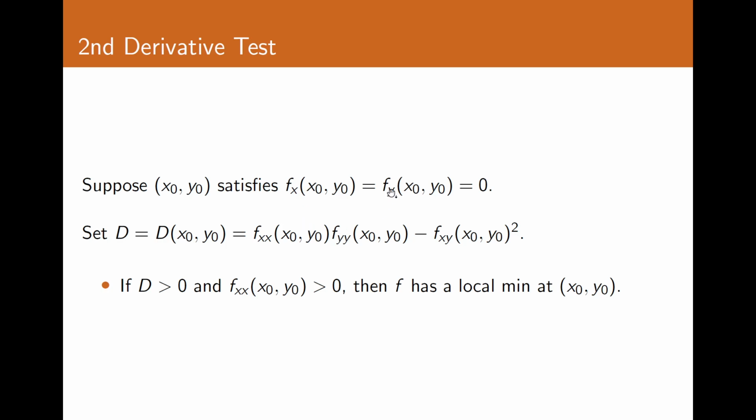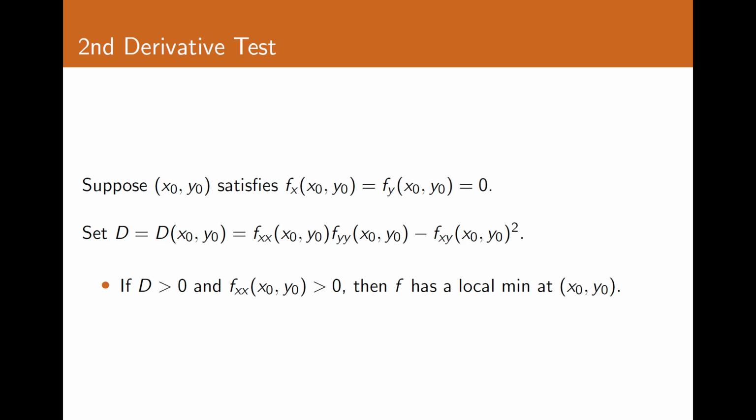If we have the situation where D is bigger than 0 and the second derivative with respect to x both times is bigger than 0, then f has a local minimum at that point. There's nothing special about f_xx. You could also use f_yy here. You can't use the mixed partial derivatives, but you can use either f_xx or f_yy.